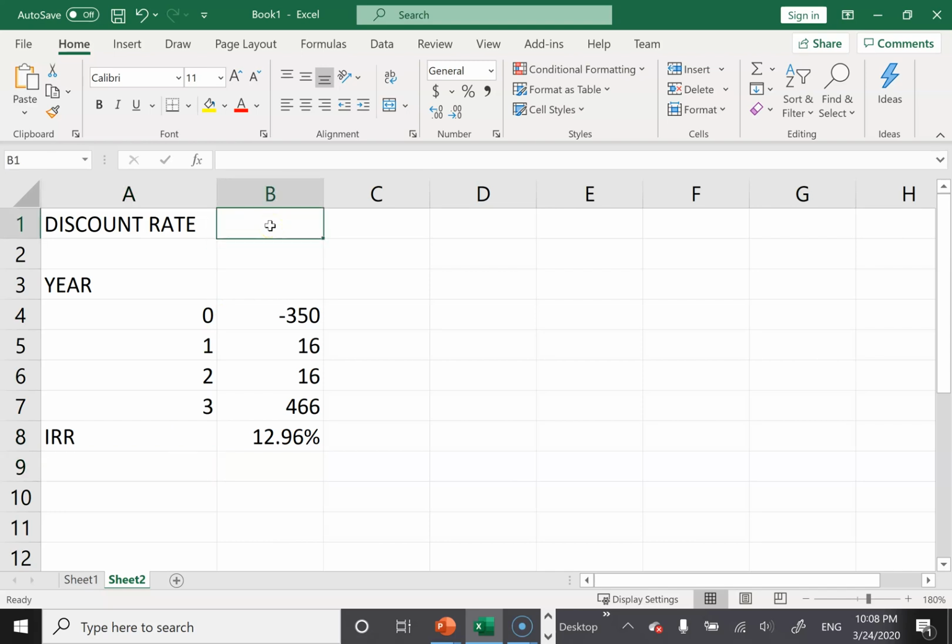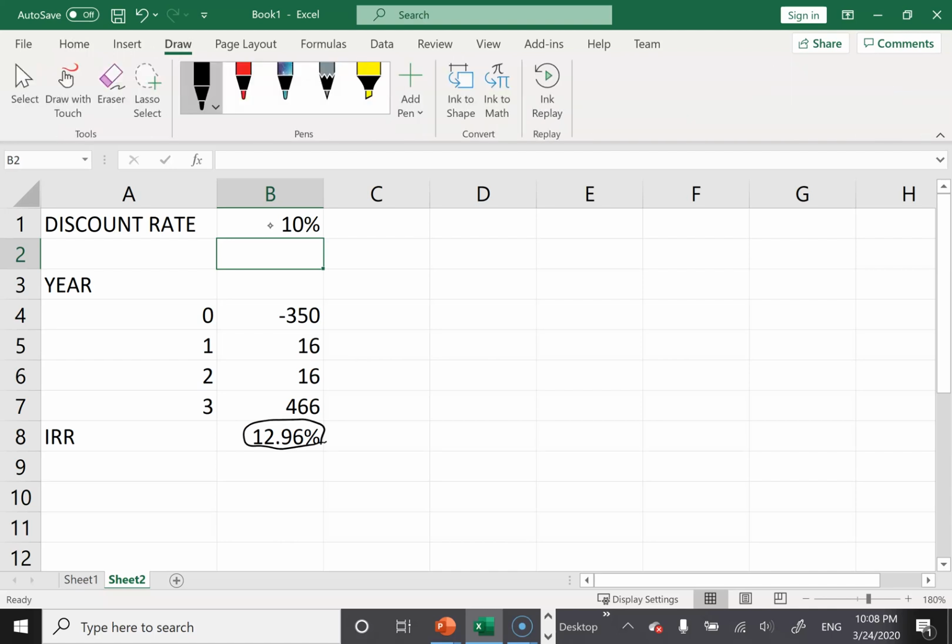For example, if the discount rate of the company, or the opportunity cost of capital of the company, is 10%, then this is a good project because the internal rate of return of this project is greater than the opportunity cost of capital, right?